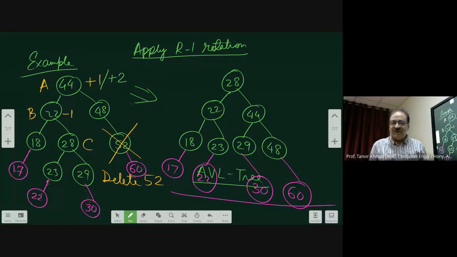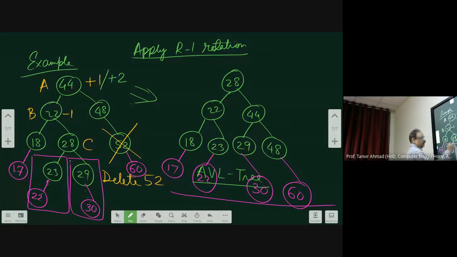Correct? Therefore, it does not matter that I am only putting over there. What I am trying to say is that this one and this one have equal heights. But the left of B is of course one less than that.